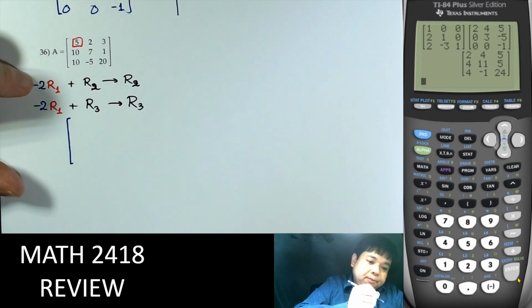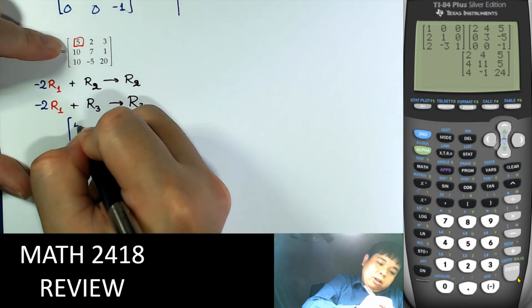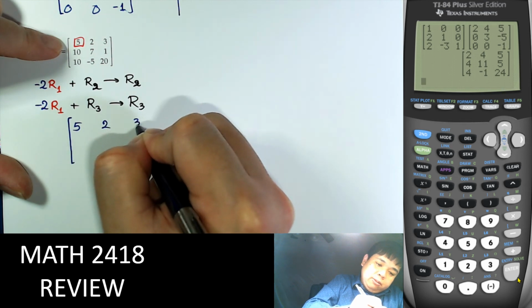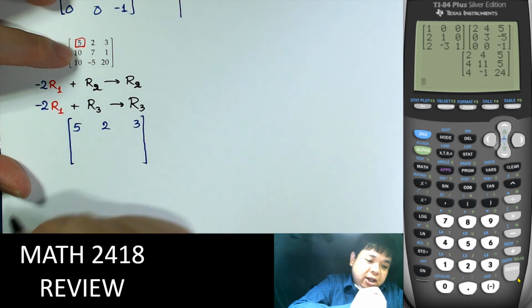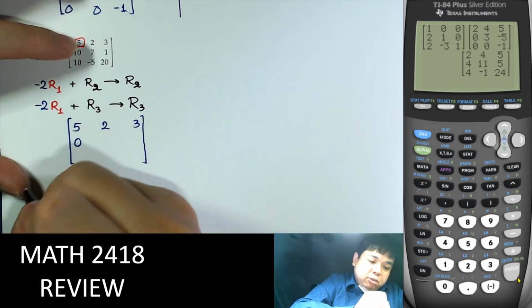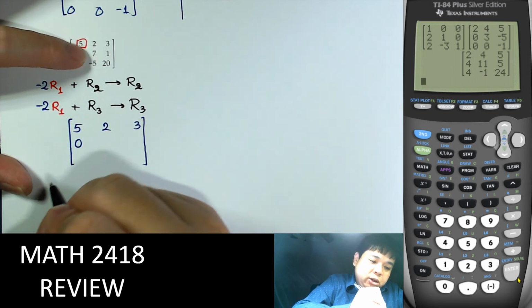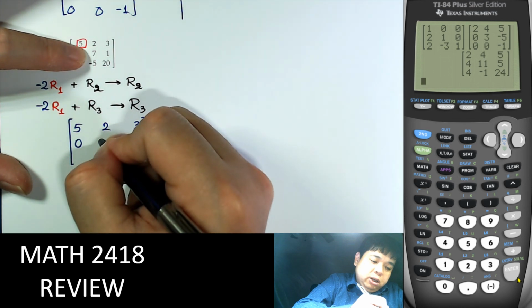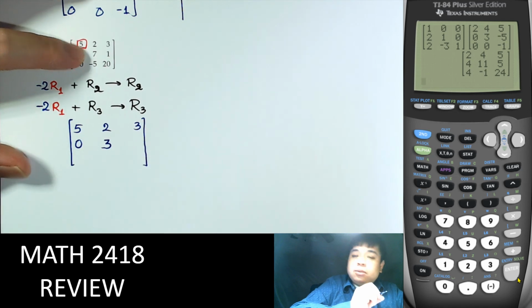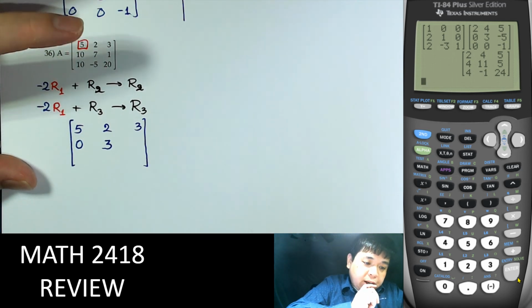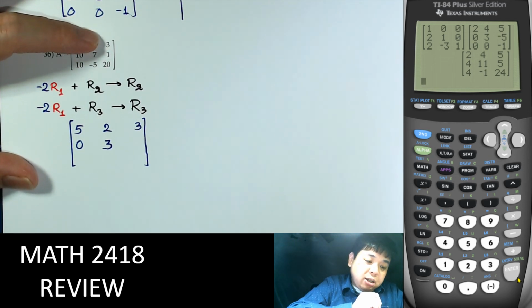Alright. So, first row stays the same. Negative 2 times 5 is negative 10 plus 10 is 0. Negative 2 times 2 is negative 4. Negative 4 plus 7 is 3. Negative 2 times 3 is negative 6.